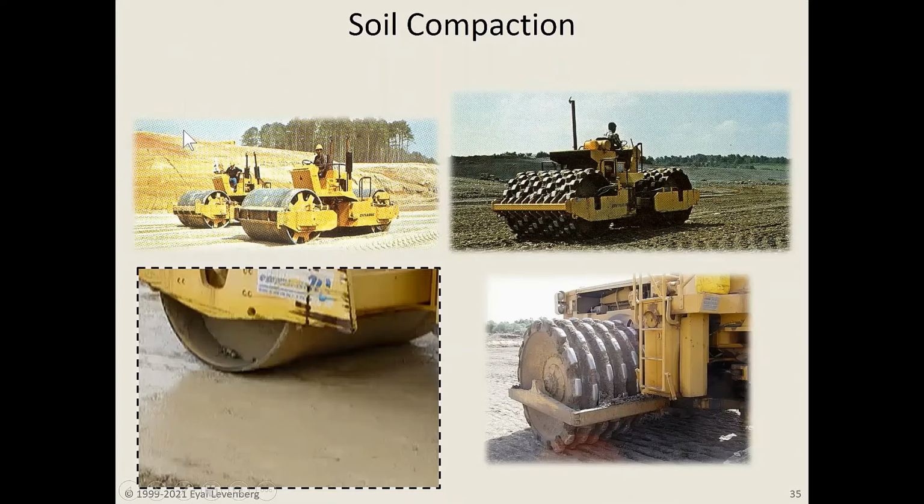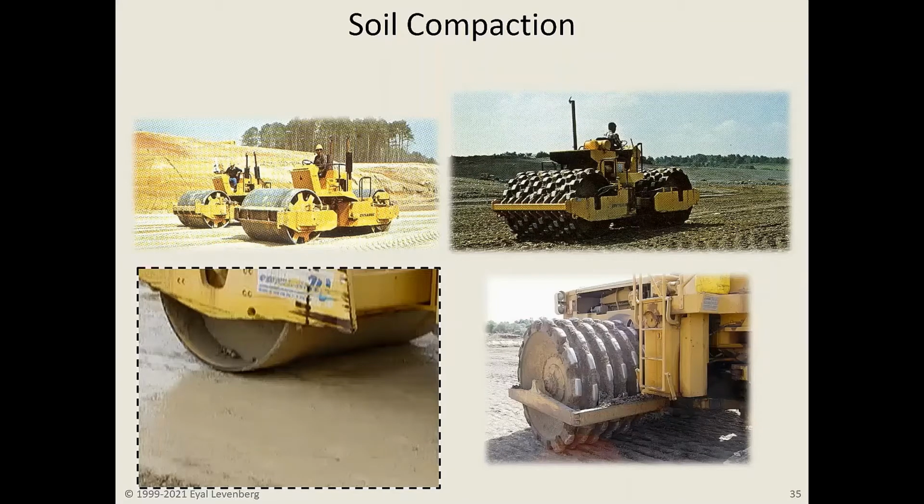There are many compactor types, but for soils they can be categorized into two: those that have smooth drums and vibrate, and those that have drums with bulging elements and do not vibrate. These rollers go back and forth, and due to their self-weight and vibration effects, they densify the soil.